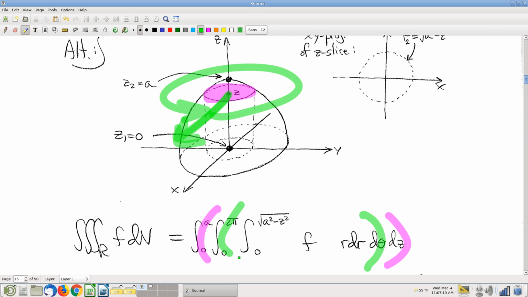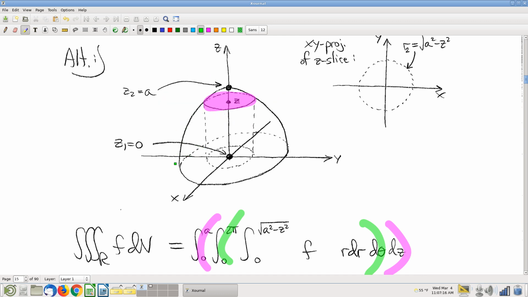Right? Now, we focus our attention on a theta slice of our z slice. Something like that. And it's not hard to persuade yourself that r starts at 0. You can see it right there in the picture.